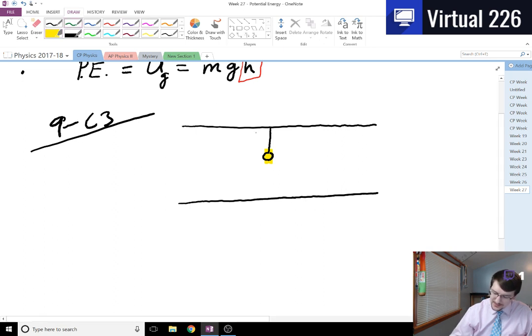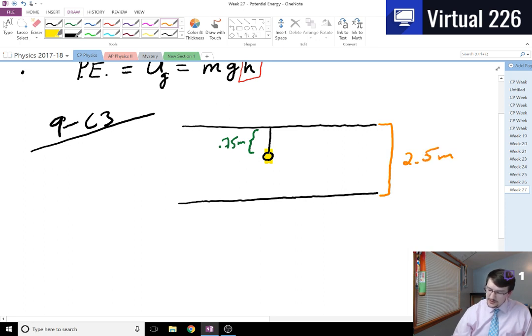And this lamp is 0.75 meters down from the ceiling top. And the ceiling, or the room itself, has a height of 2.5 meters.